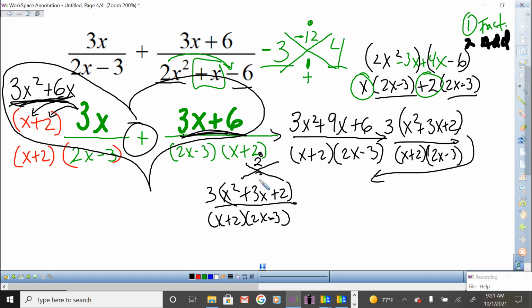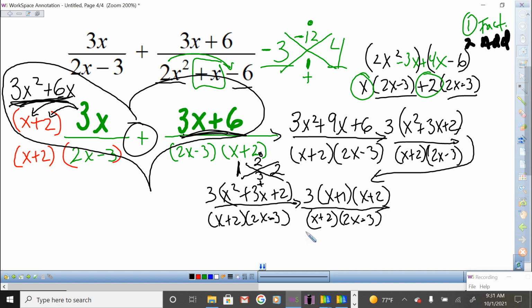What two numbers multiply to give me 2, then when you add them give us 3? 1 and 2. Now, does this one have a coefficient, the one inside of the parentheses? No, so we can do the shortcut, yes? So 3x plus 1, x plus 2, over x plus 2, and 2x minus 3.